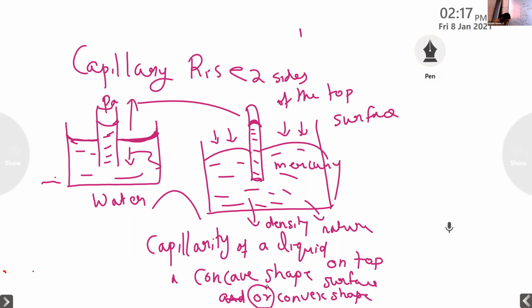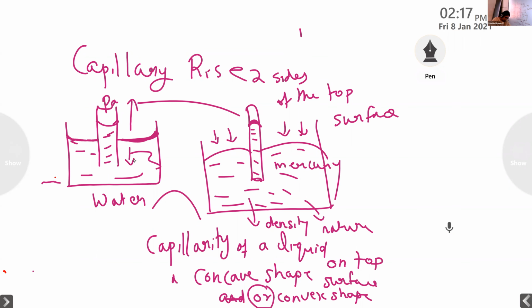Okay, thus the pressure of the water inside. From this what we understand: in the case of water, the inside pressure is less as we compare to atmospheric pressure, and in mercury it will be more.